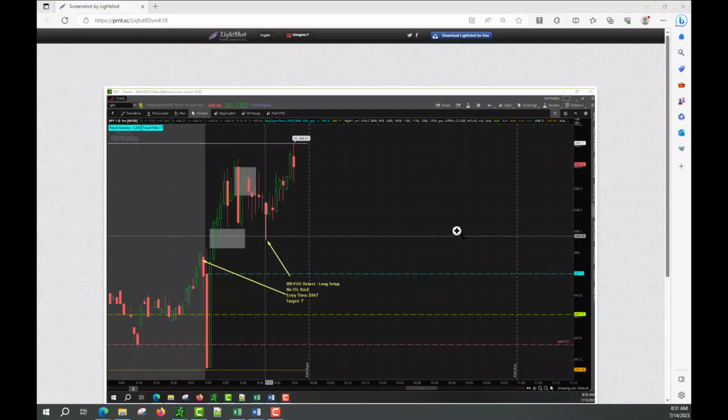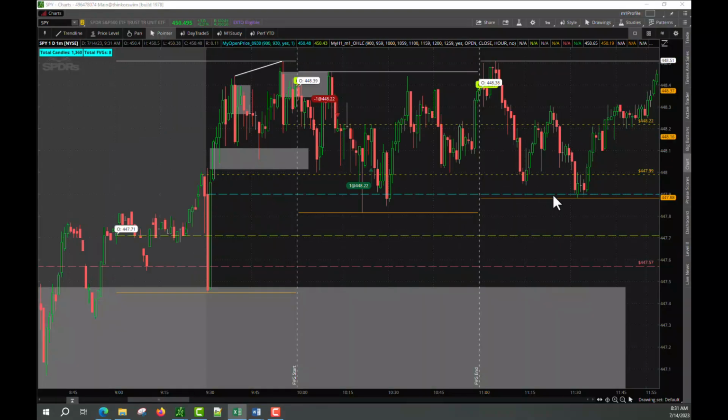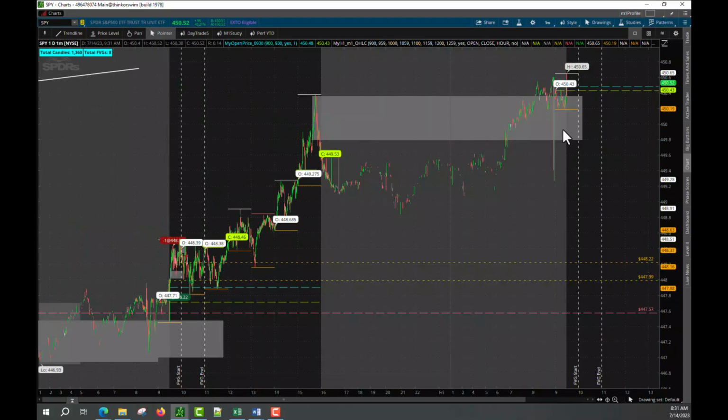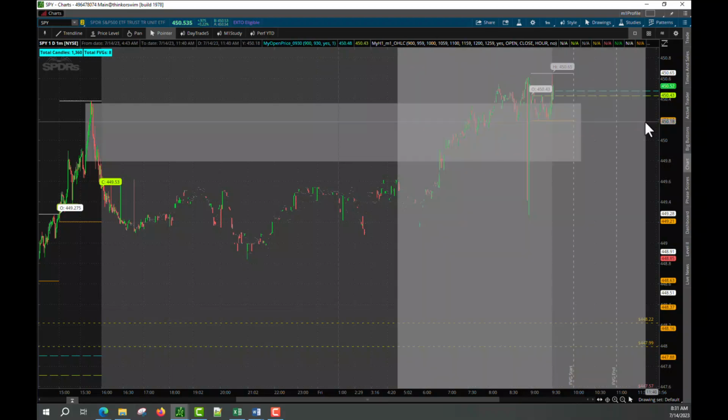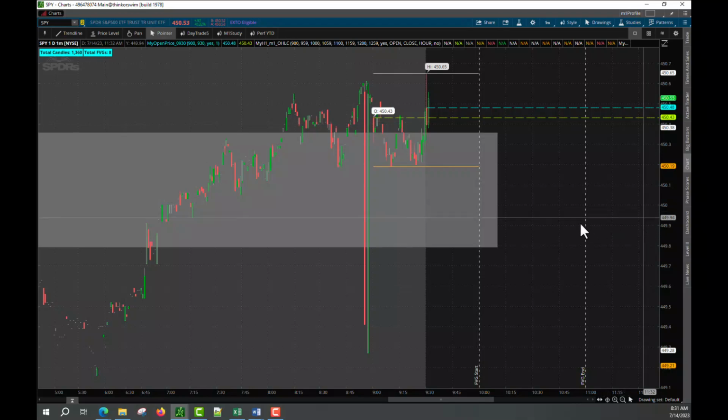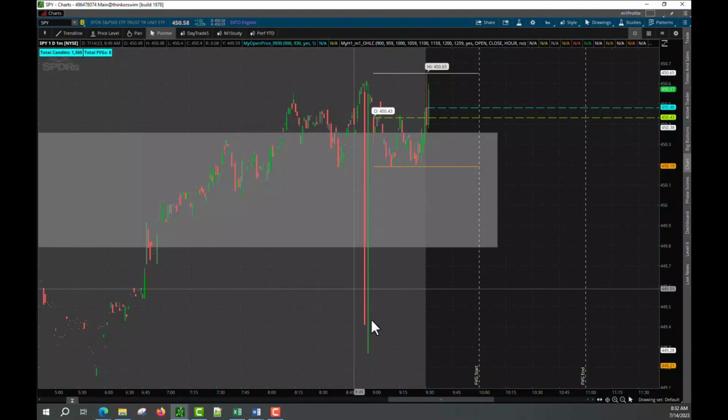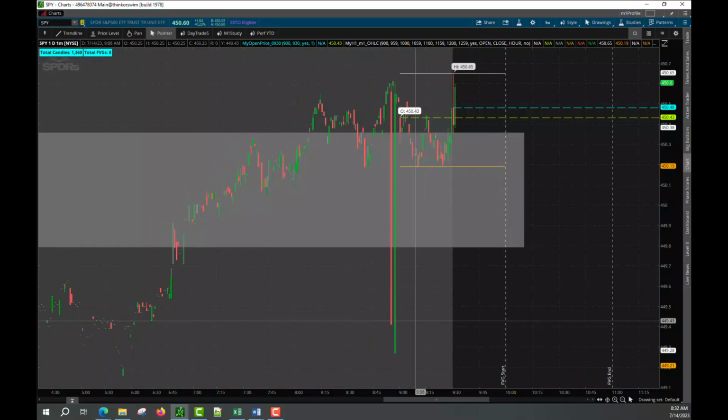Alright, let's go back to the charts now. So we identify another bullish breaker from the 15-minute time frame. Let's see. We see that it went through that, so that means it went to that bullish breaker.